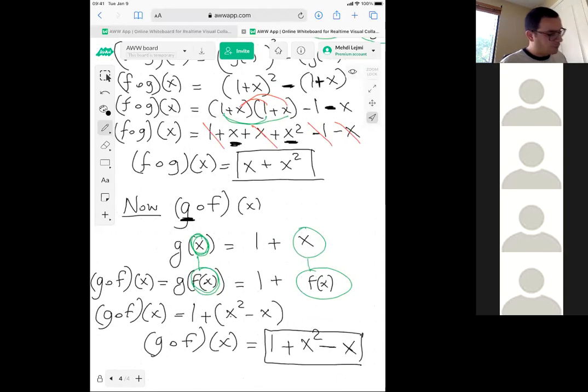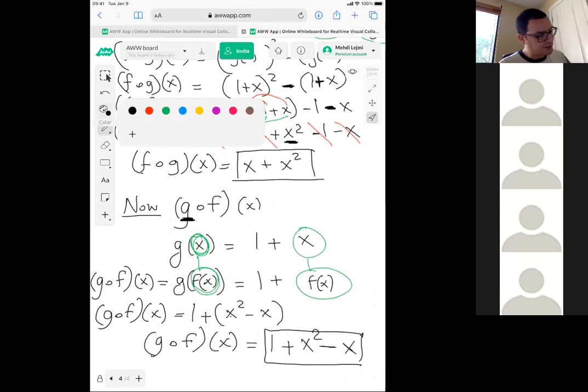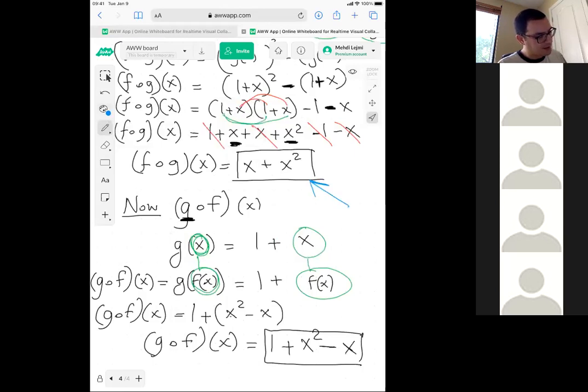And of course, if you compare these two things here, the f composed with g and the g composed with f, they are different functions, right? Here it's x plus x squared, and here it's 1 plus x squared minus x. So there are two different functions.